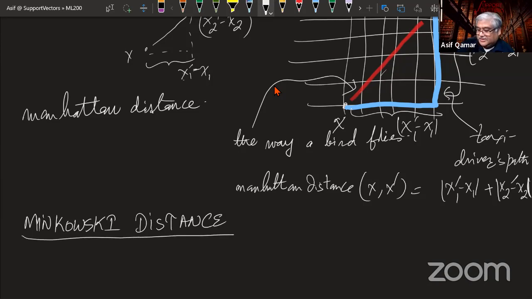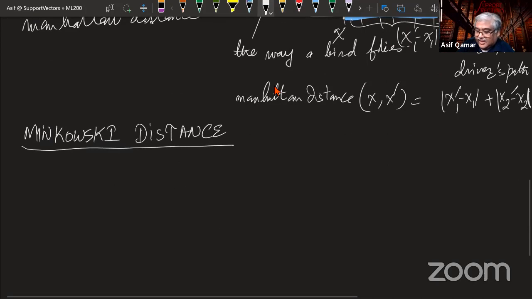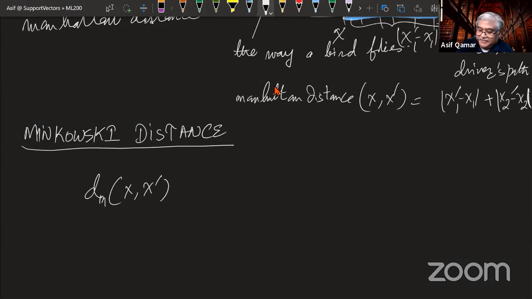The Minkowski distance between 2 points x and x prime, of dimension, let us say, m, is given by this interesting expression: the absolute value of x1 prime minus x1 to the power m, plus the absolute value of x2 prime minus x2 to the power m.